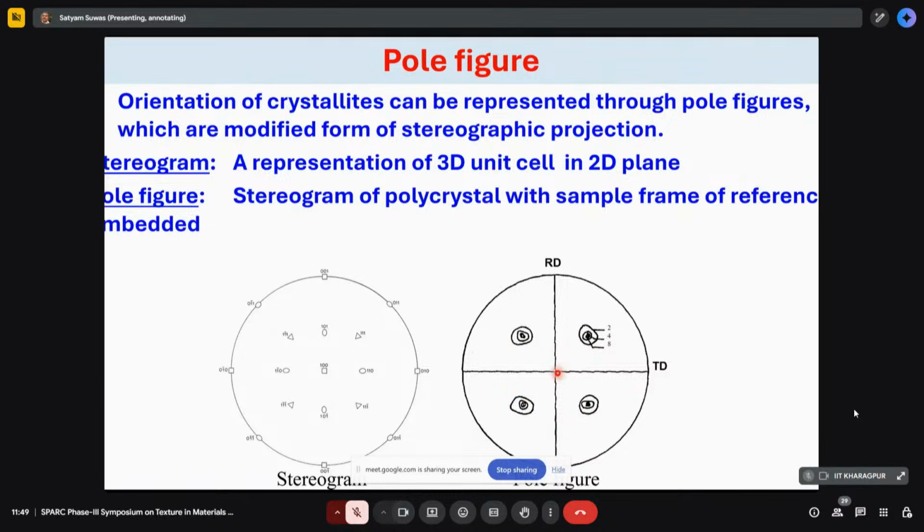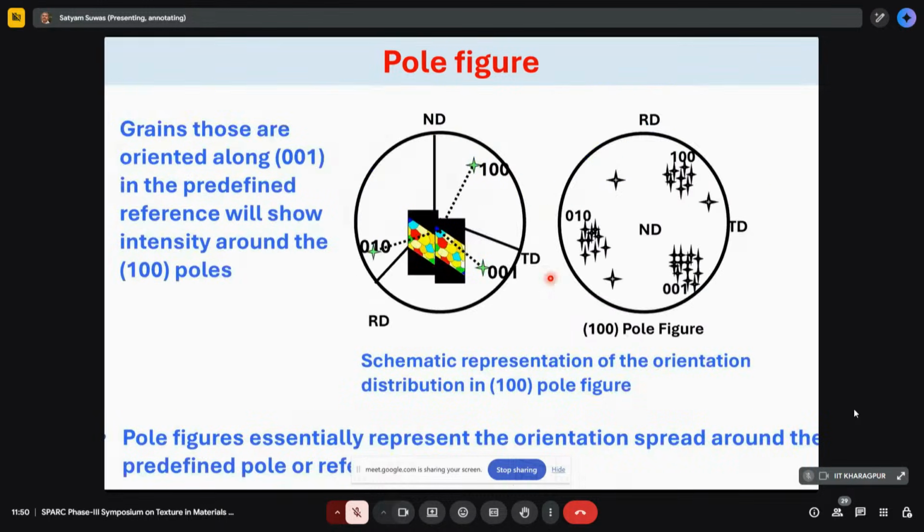So this is a 100 stereographic projection where obviously the ND, or the projection plane, is 001, but with respect to 001, 111 is appearing here. So you can say that this has the center, which is ND parallel to 001, and RD is whatever it is here. This is also 001 here. That way you can identify orientations in a pole figure.